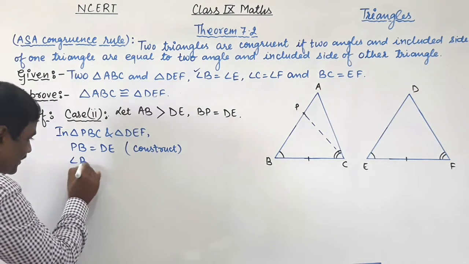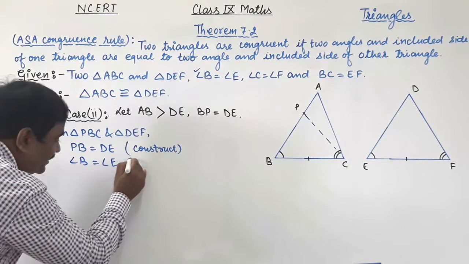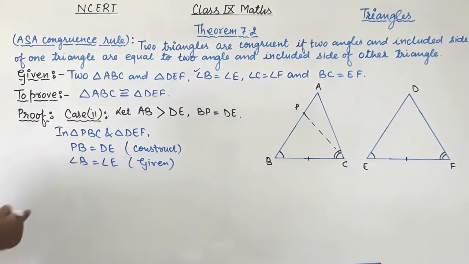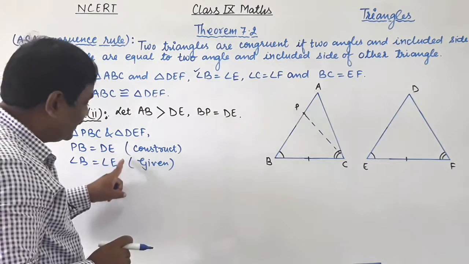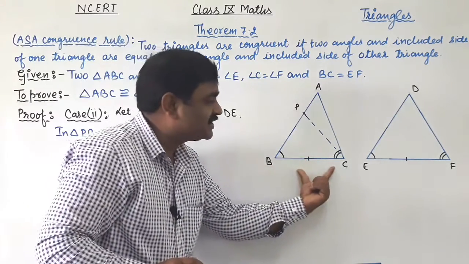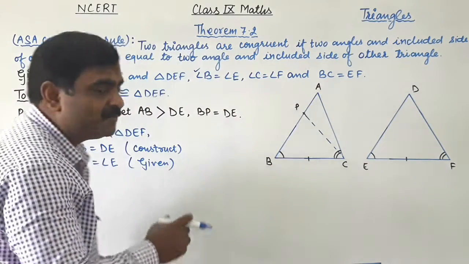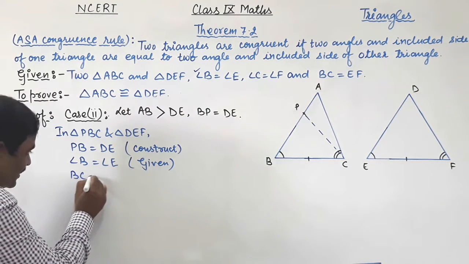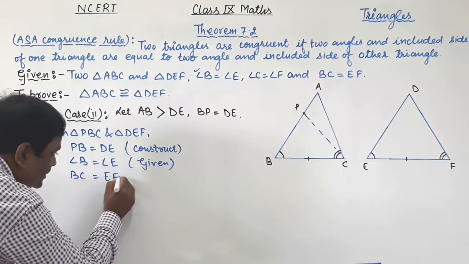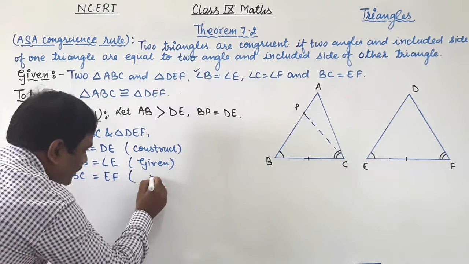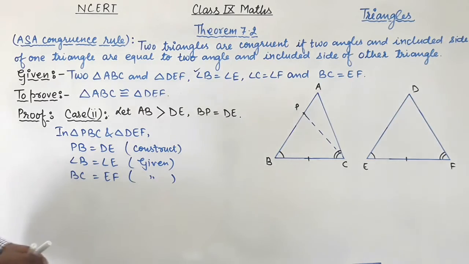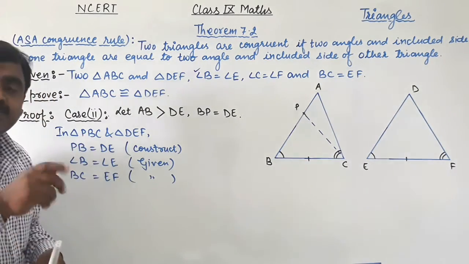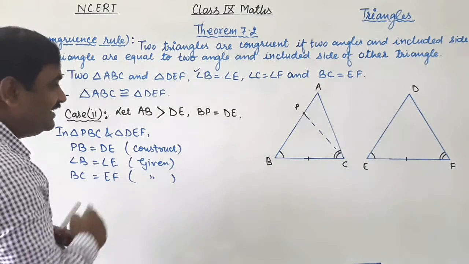Then, the second side BC is equal to EF, meaning BC is the side of triangle ABC and EF is the side of triangle DEF, which is also given. Now these two triangles, PBC and DEF, are congruent by the side angle side rule.